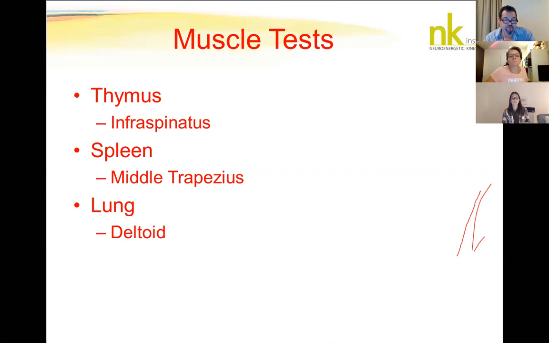And someone recently sent me a question, what's the difference between the infraspinatus thymus muscle test and the middle trapezius spleen muscle test?